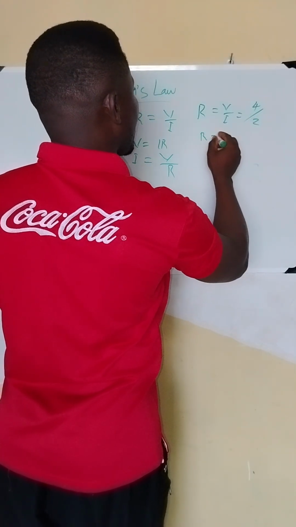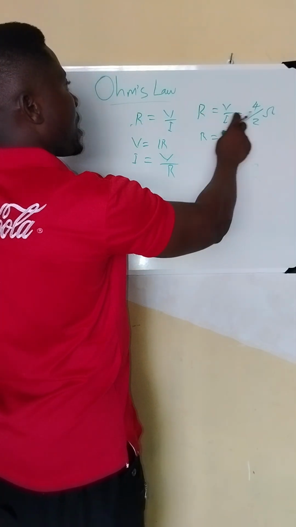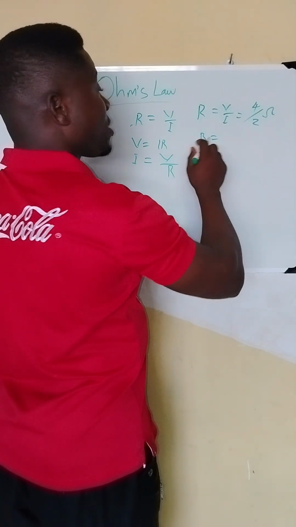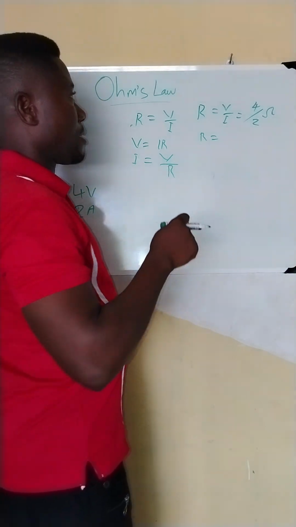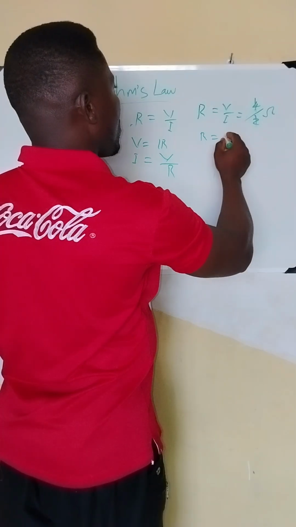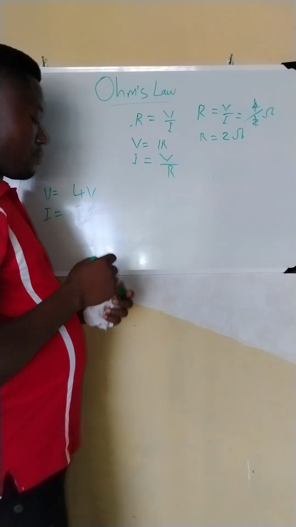So here you see that R is equal to, remember that the unit of resistance is ohms. You don't have to forget that, very important. So if you divide this, 2 cancels itself, 1 cancels 4, here 2. Now the resistance here is 2 ohms.